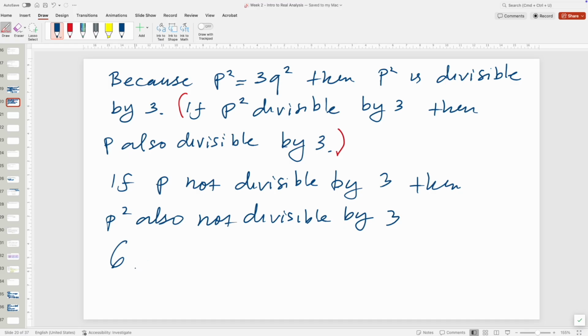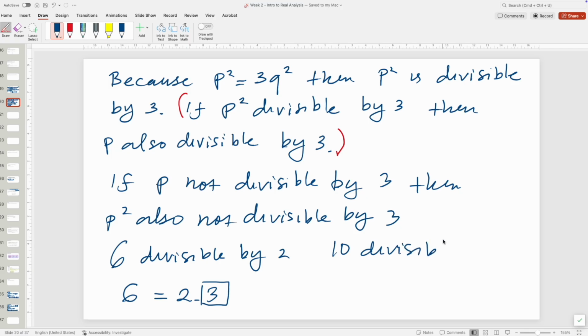In Bahasa, it is "habis dibagi". It's finished, there's no remainder. What is meant by 6 divisible by 2? It means I can write 6 as 2 times 3, right? There is a number 3 such that I can express 6 as 2 times 3. So what is meant by 10 divisible by 5?